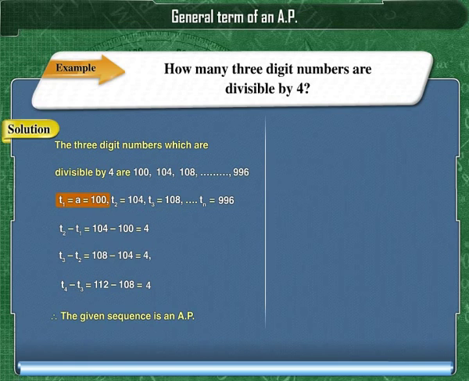Now, the first term A is 100. The common difference D is 4, and Tn is 996. We have to find the value of n.